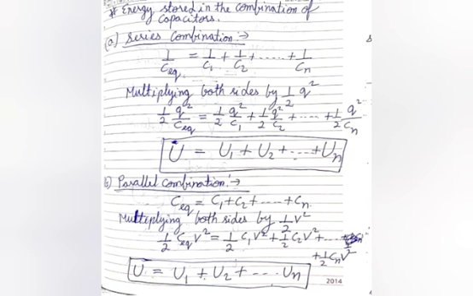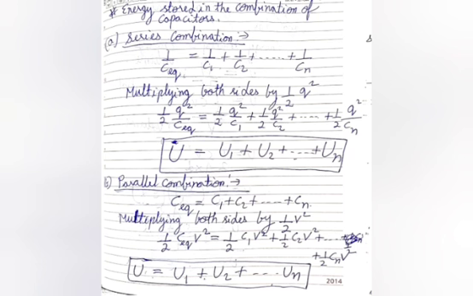In a previous topic we have studied that half q square by C is the expression of energy stored in the capacitor. So the final expression would become U is equal to U1 plus U2 plus dot dot dot, for any number of capacitors, till Un.